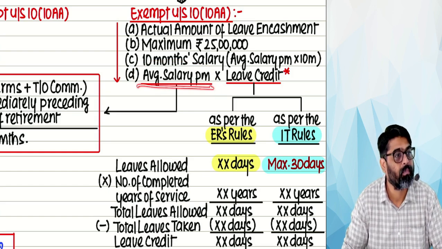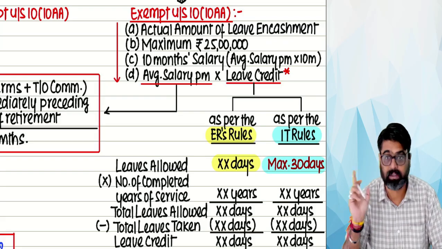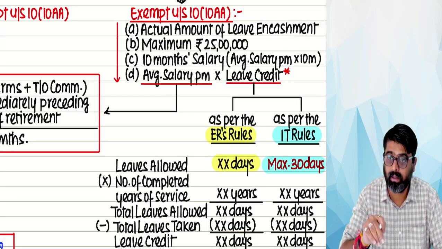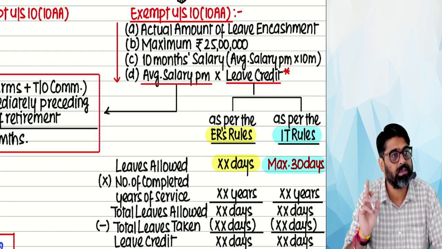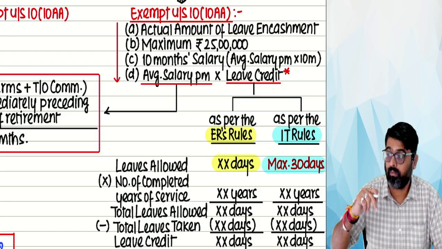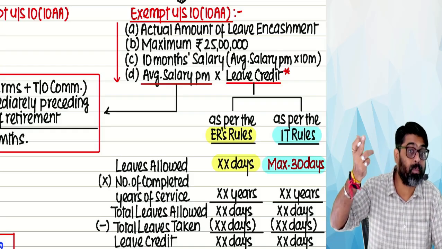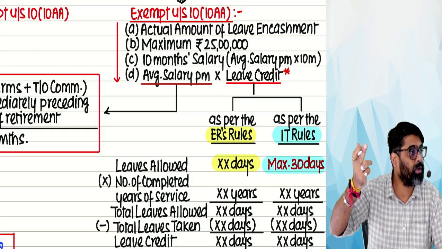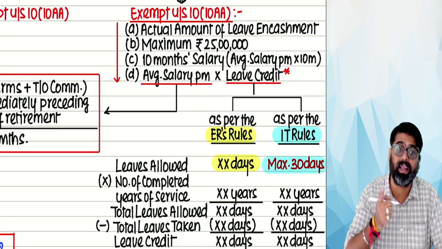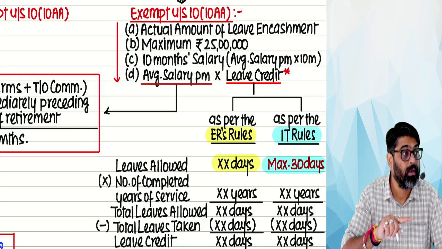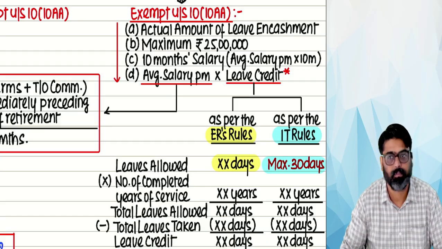What do we do? Basic of the last 10 months, DA in terms of the last 10 months, and turnover commission of the last 10 months. We have done this calculation for employees not covered by POGA, if you remember, for gratuity. But there, what did we take? We used to take 10 months excluding the month of retirement.